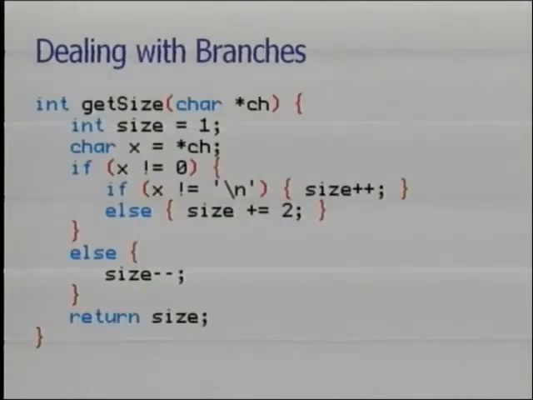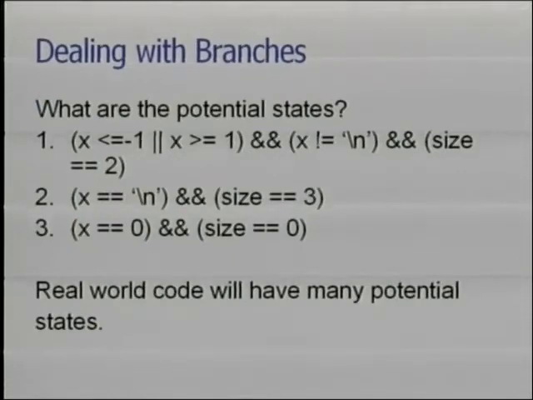That's taking the first block and then taking the else. Taking the first block and taking the first if, and that being true. So the next possibility is that x is equal to a new line, and that would make size equal to 3.